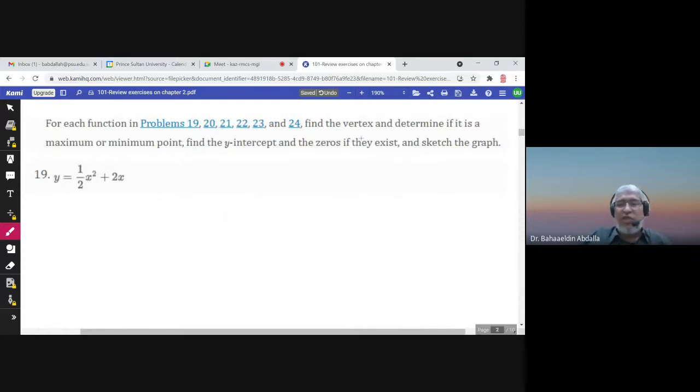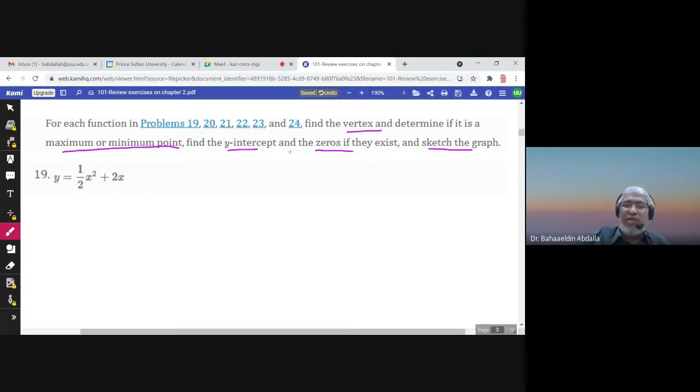Here in these questions, find the vertex and determine if it is a maximum or minimum point. Find the y-intercept and the zeros if they exist, and sketch the graph. Here we have quadratic equations, and we know that the graph of any quadratic equation is a parabola.